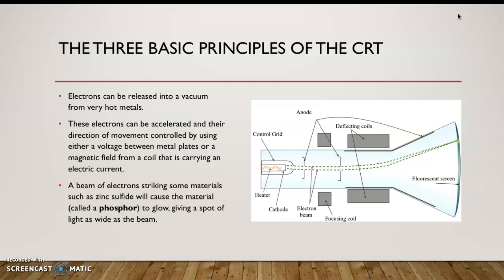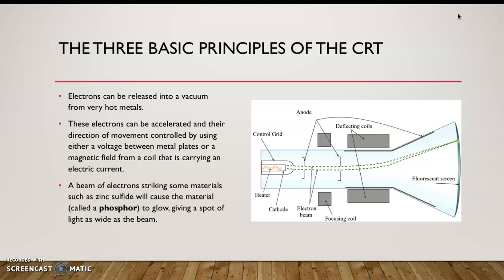A beam of electrons striking some materials, such as zinc sulfide, would cause the material to glow, giving a spot of light as wide as the beam, which then would put the image onto the screen so you can see whatever it is that you were trying to see.